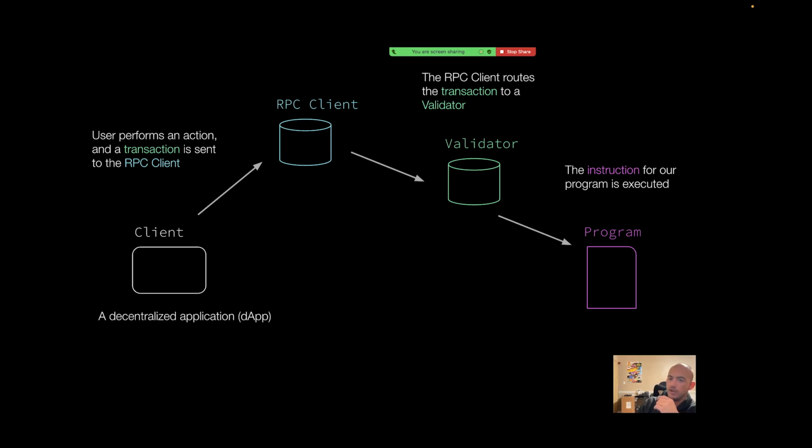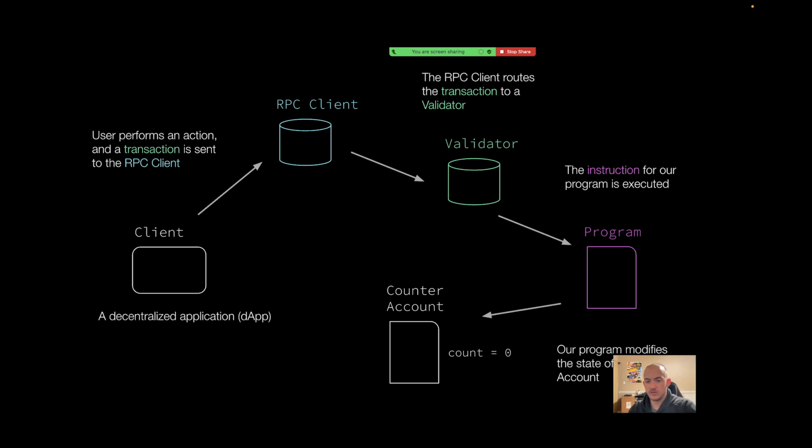And when our program is invoked, it runs that increment function and modifies the state of this counter account, which it owns, to be now one, right? And that's how these pieces all fit together.